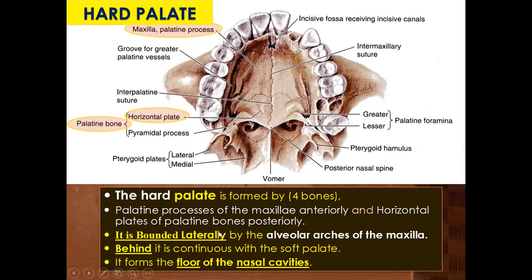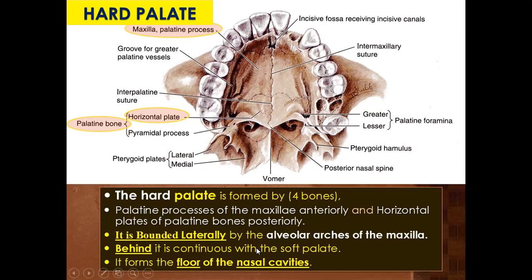It is bounded laterally by the alveolar arch. Here you can see the alveolar arch. This is nothing but the bony arch into which the teeth will be inserted. So the sockets of the teeth will be within this alveolar arch. It is bounded laterally by the alveolar arch of the maxilla.